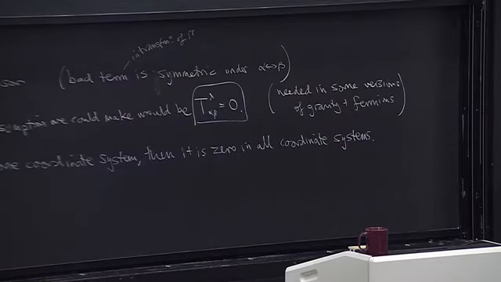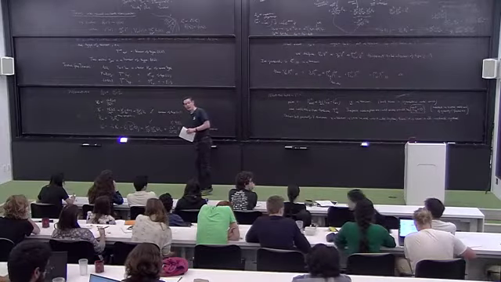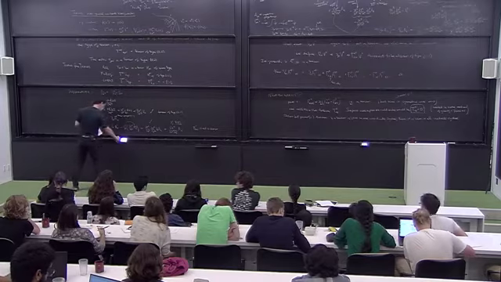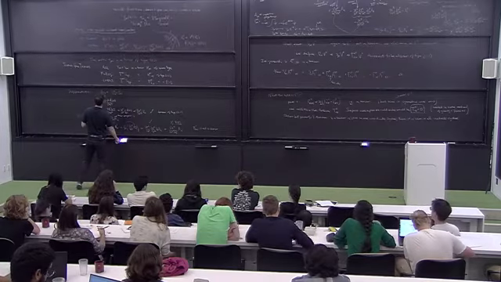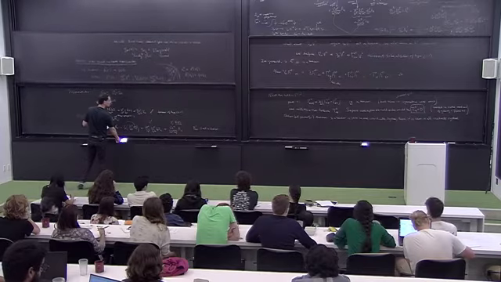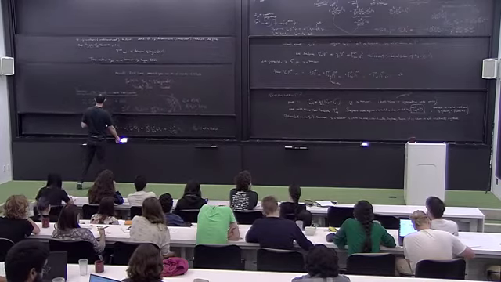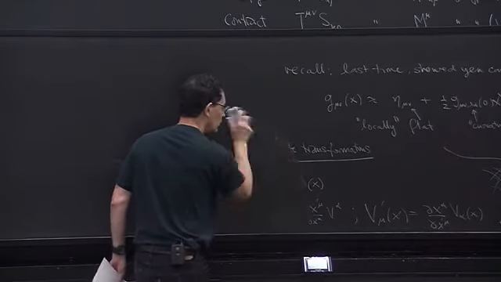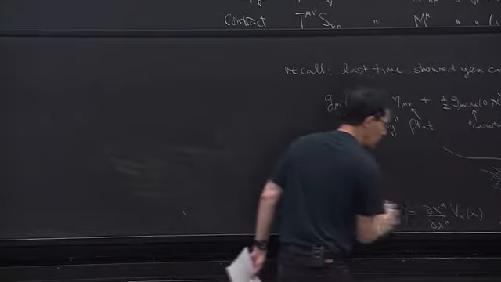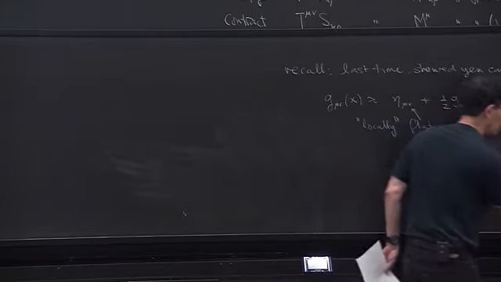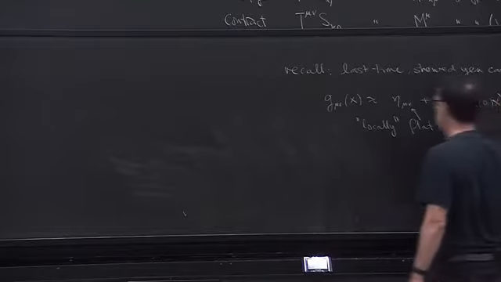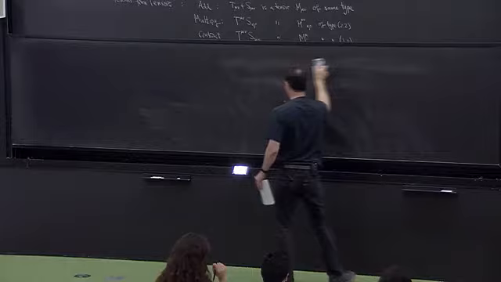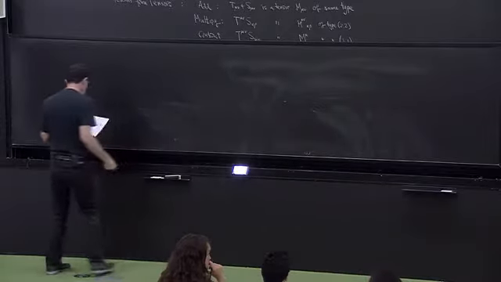If we set it to 0, then in a very simple way, we can fix what gamma is. So all that is just to say one can assume gamma is symmetric. There is no torsion.